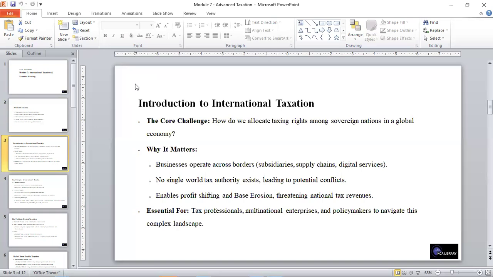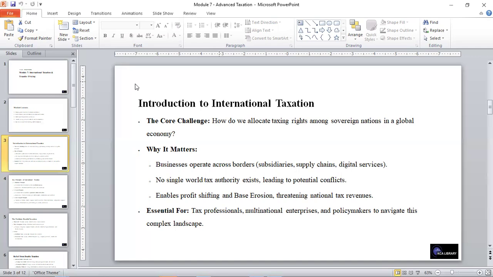The first is that businesses operate across borders in terms of subsidiaries, supply chains, digital services, and no single world tax authority exists, leading to potential conflict. And lastly, it matters because it enables profit shifting and base erosion, threatening national tax revenues.